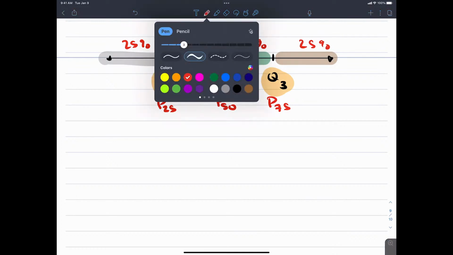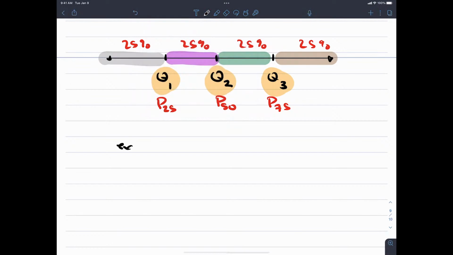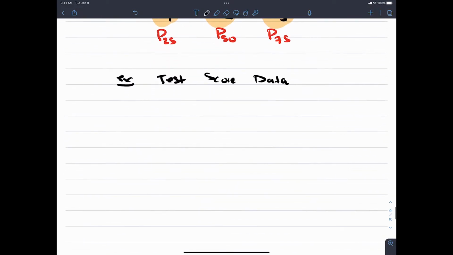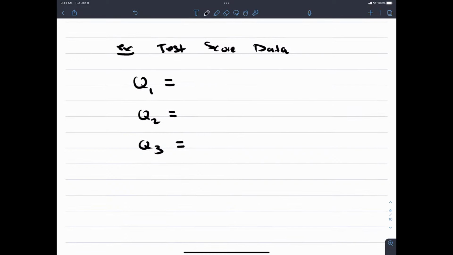So, for example, remember the test score data? All those examples we worked with? I claim you guys know all the quartile values. You guys know the quartile values.